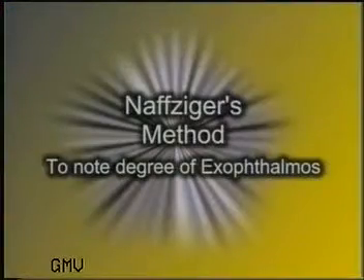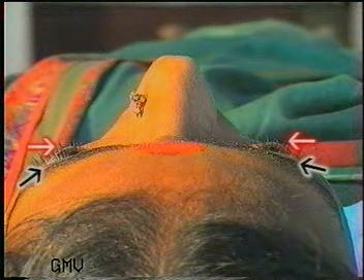Now to note the amount or degree of exophthalmos, examine the eyes by Nafziger's method. Stand behind the patient, tilt the head of the patient backwards to observe the eyes in supraorbital plane. The actual protrusion of the eyeballs beyond the supraorbital ridges can be appreciated in this position.